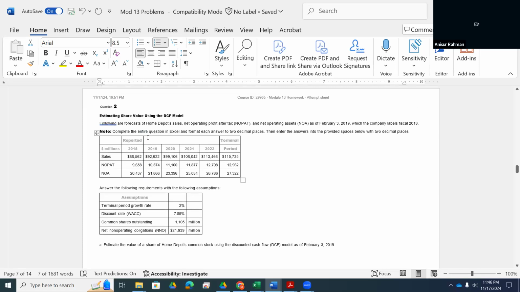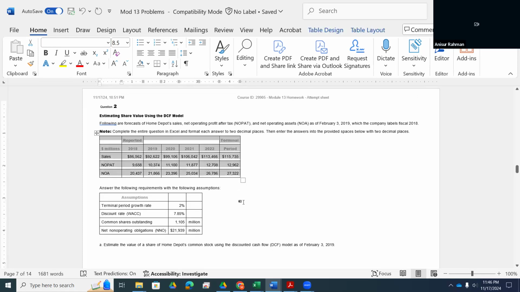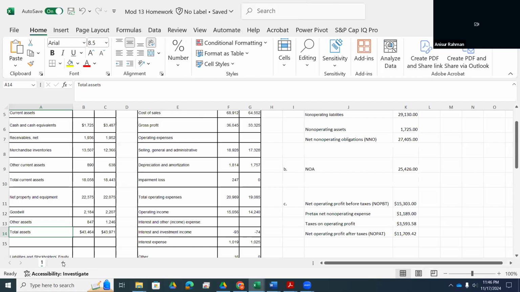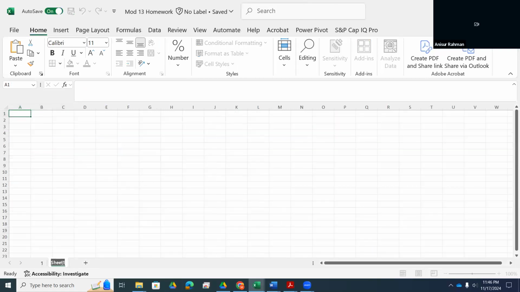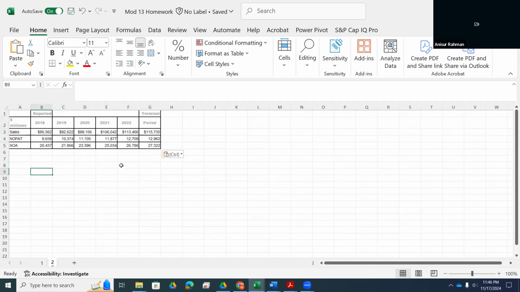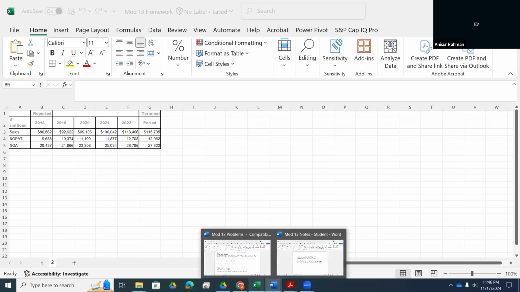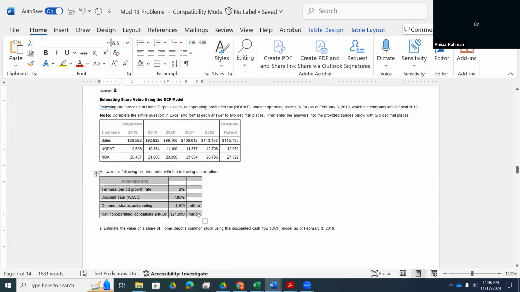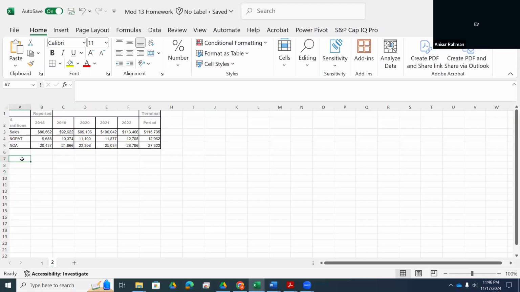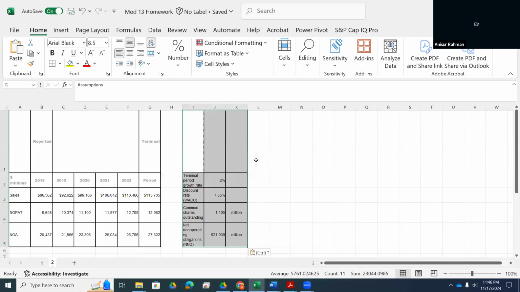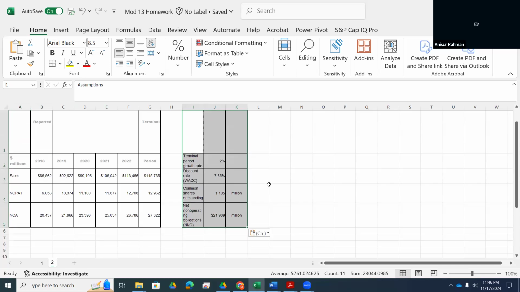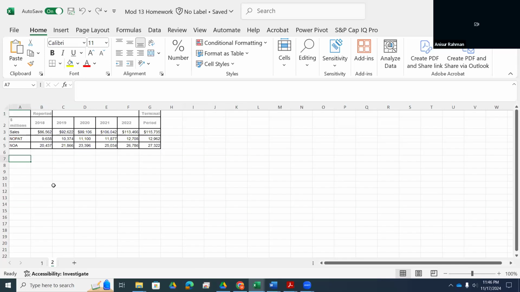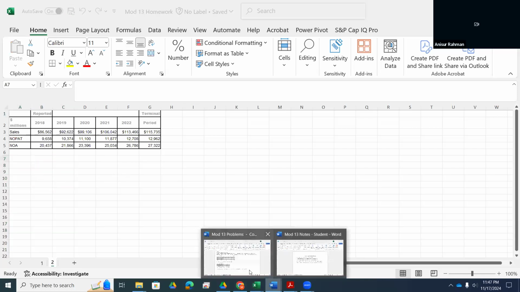So I'm going to copy this. Control C. I'll add a worksheet, rename it as 2. Now Control V. And then I also have these assumptions. So I'll copy this. Let me paste here. It doesn't look very nice. Okay, I'll undo it. I'll paste here. Let me copy again.